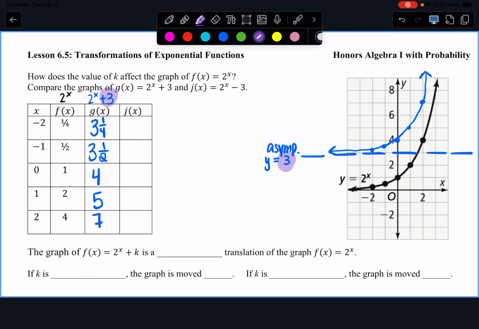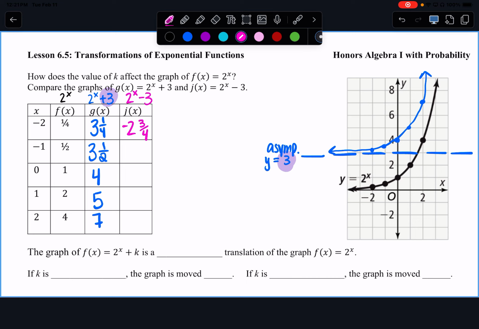Now we're going to do the same thing, except now we're going to look at what happens when we subtract. So we're going to do 2 to the x minus 3. So we're going to do 1/4 minus 3. So -2 3/4.